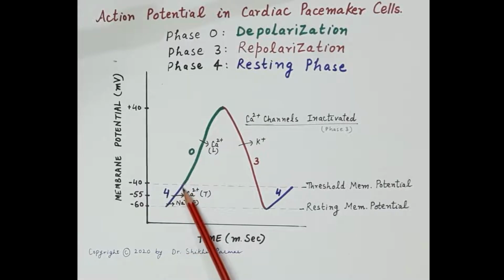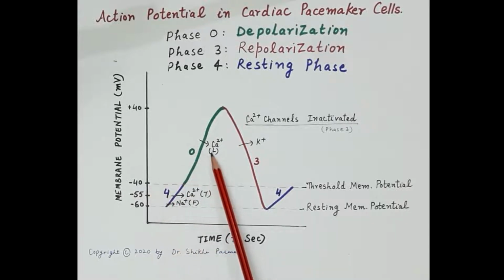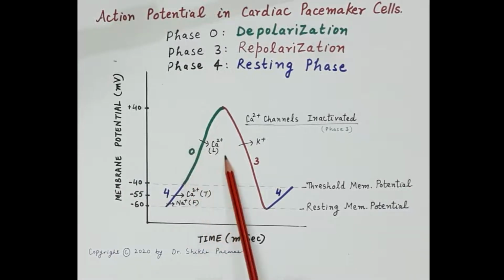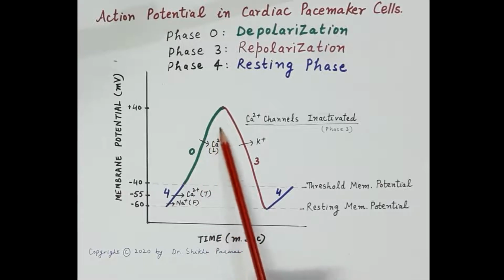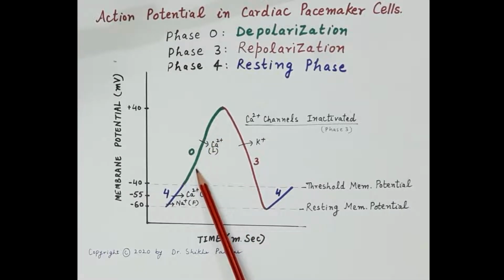Now when the membrane potential reaches the threshold membrane potential of minus 40 millivolts, there is opening of voltage sensitive L-type calcium channels, and there is influx of calcium ions. Because of the influx of calcium ions, the membrane potential rises, and this phase, that is phase 0, is called the depolarization phase.